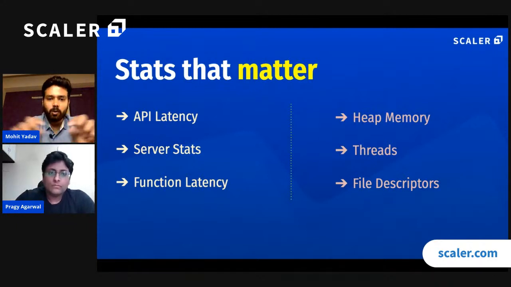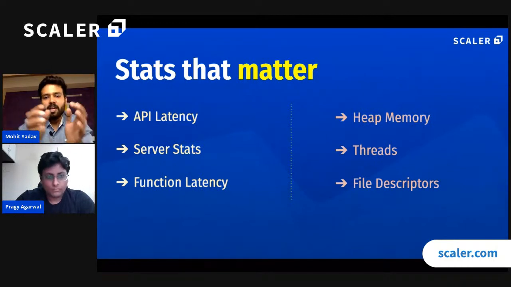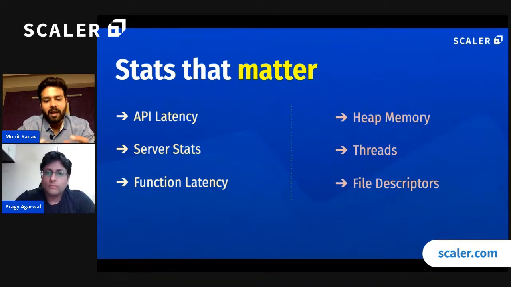Open a file, write a for loop, an infinite for loop, don't do anything else, just try opening files in that for loop. Eventually there is a limit on the number of files that can be opened in an operating system, and that limit will be hit and you'll get an error. So there are systems which are based on file descriptors as well, right? For example, Kafka.